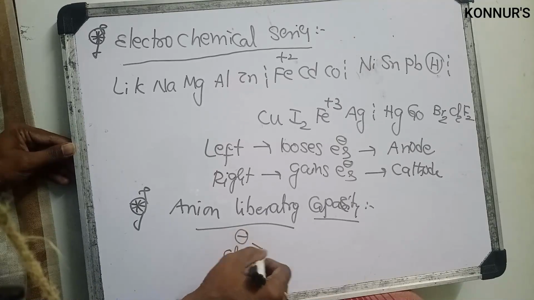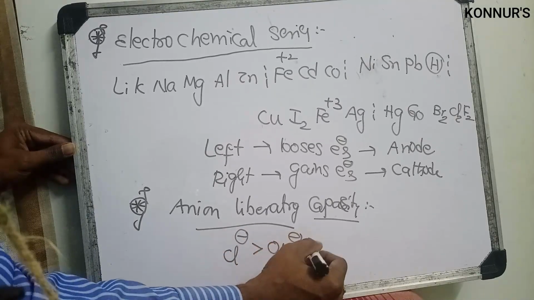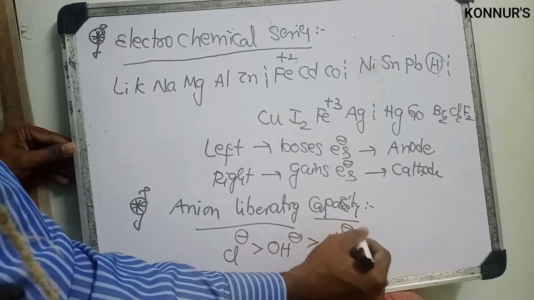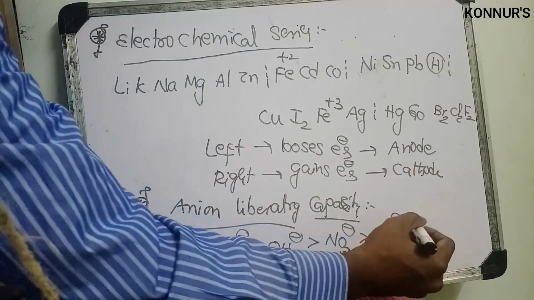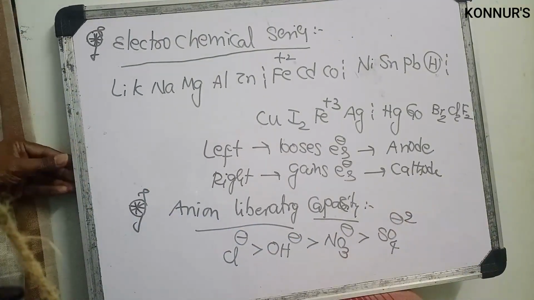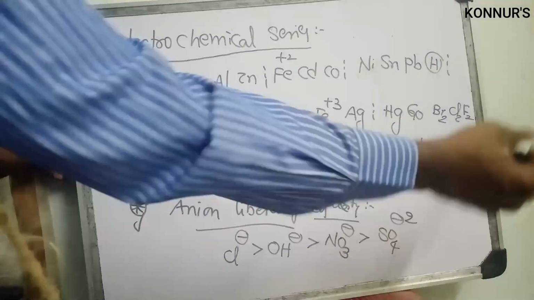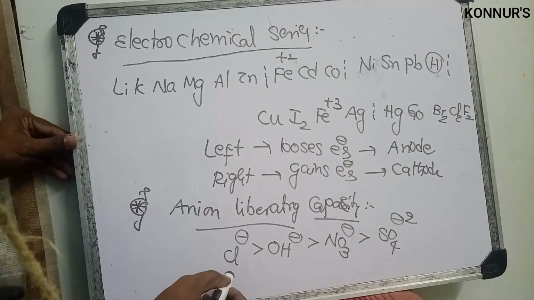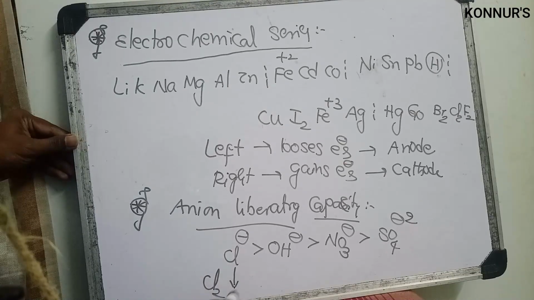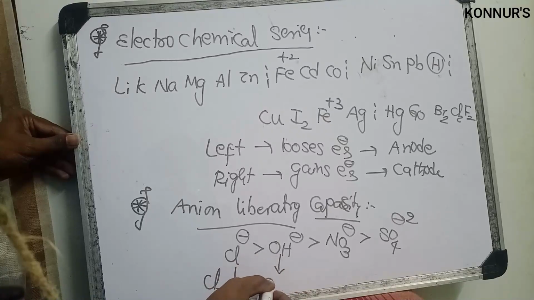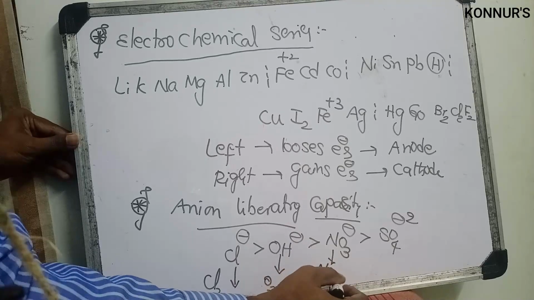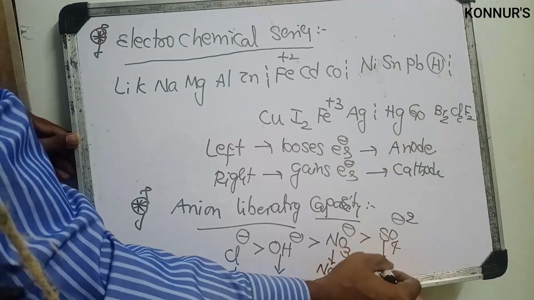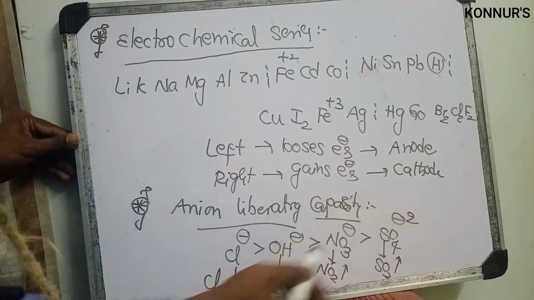Cl minus is greater than OH minus, which is greater than NO3 minus, which is greater than SO4 2 minus. As the negative charge increases, the ion will go. Suppose Cl minus is there only in the solution: it comes out as Cl2 gas. If OH minus ion is there, it comes out as O2 gas. If NO3 is there, NO2 gas comes outside. If sulfate is there, SO2 gas comes outside.